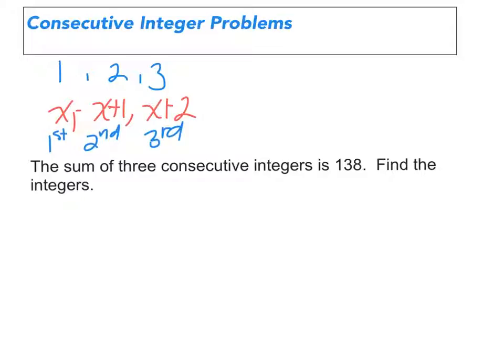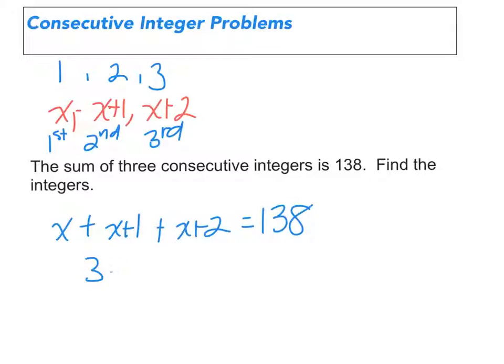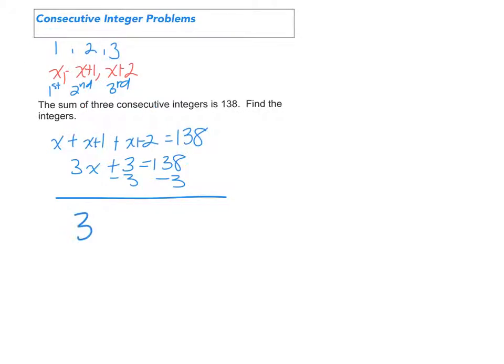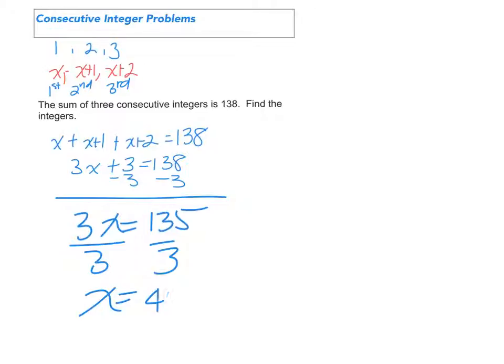So we have the sum of three consecutive integers, so x plus 1 plus x plus 2 always means equals 138. I can combine my like terms, so I've got 3x plus 3 equals 138. If we subtract 3 from both sides, we've got 3x equals 135, divide by 3, and x equals 45.